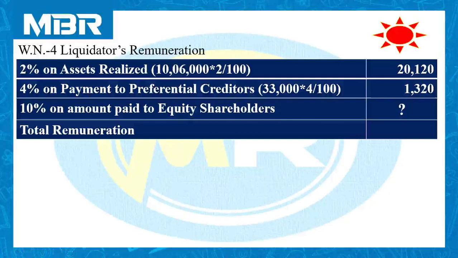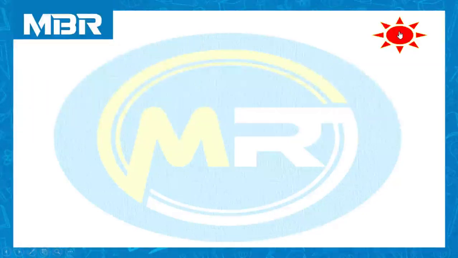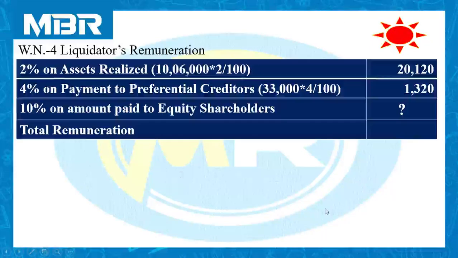First, 2% on assets realized by the liquidator. As per our calculation, assets realized by the liquidator is rupees 10,06,000. So 10,06,000 multiplied by 2%, the amount payable to the liquidator at the rate of 2% is rupees 20,120.